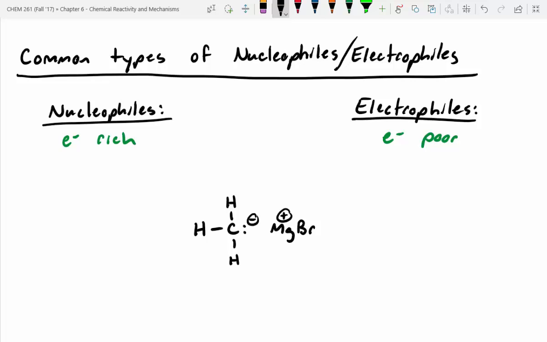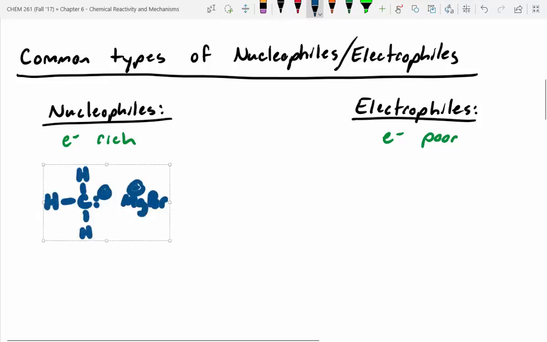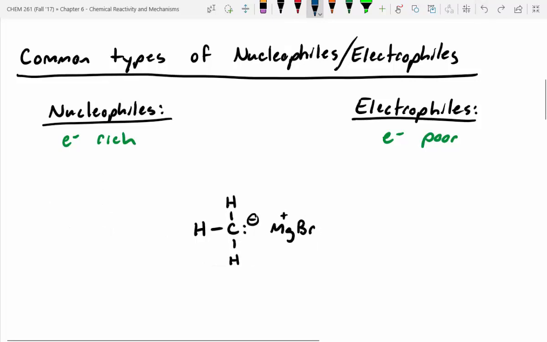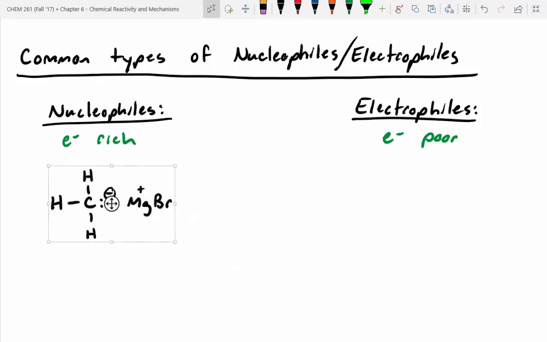Yeah, because the carbon not only has a lone pair, but it's got a formal negative charge, right? So this is going to be a really good example of a nucleophile. It's going to be a really good nucleophile due to that negative charge on the carbon. So this is a very electron-rich molecule, so this will be a very, very strong nucleophile.